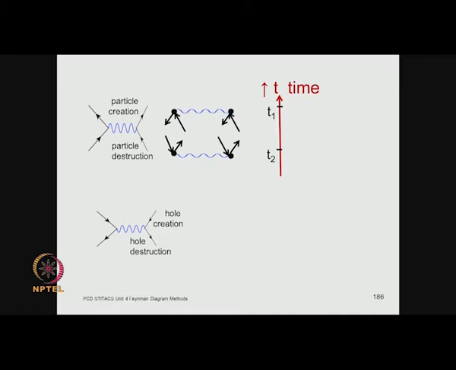The arrows pointing upward are particle operators, the arrows pointing downward are the hole operators, right. If it is an arrow pointing upward and into the vertex, it is a particle destruction, and if it is an arrow pointing upward and out of the vertex, it is a particle creation.